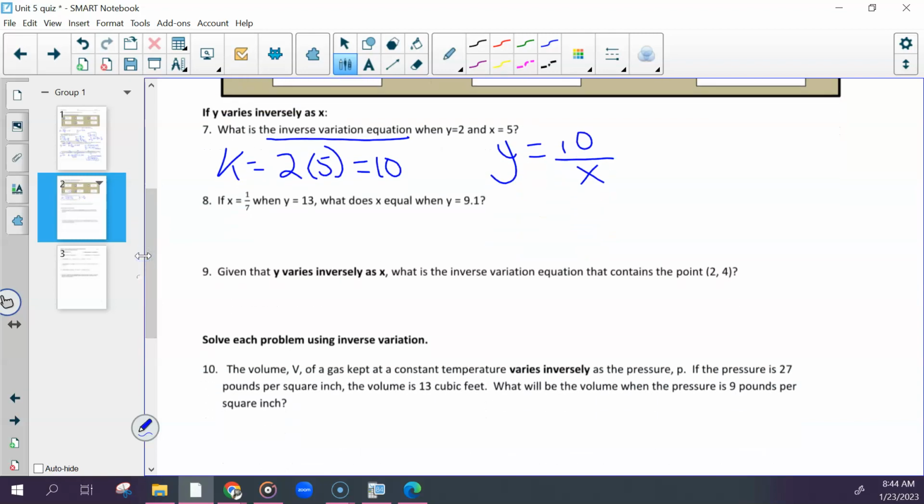For 8, because these were x and y, you didn't need to set up the original equation. You did need to find k. So multiplying 13 and 1/7 together, this gave you a repeating set of decimals, so leave it as a fraction, 13 over 7. Then we were trying to find the value of x when y is 9.1.